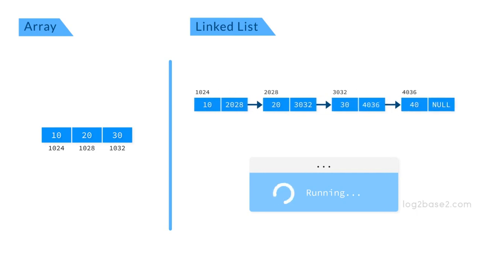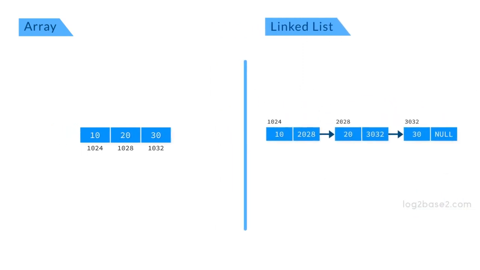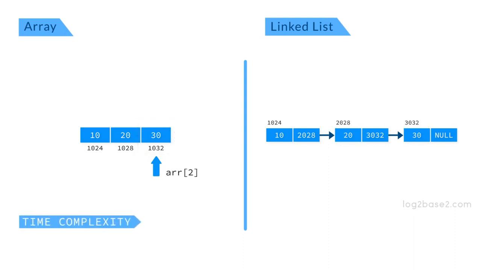Now let us discuss accessing elements. In an array, elements can be accessed directly using the index value. For example, we can access the third element using arr[2] and its time complexity will be O(1). Meanwhile, in a linked list, we need to traverse the list from the beginning to find the element.